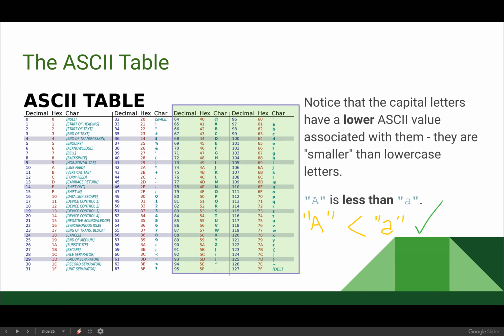Uppercase letters are smaller than lowercase letters. You don't need to memorize these numbers. You don't need to remember that capital A is the number 65, but you do need to remember capital letters are smaller. They come before lowercase letters.